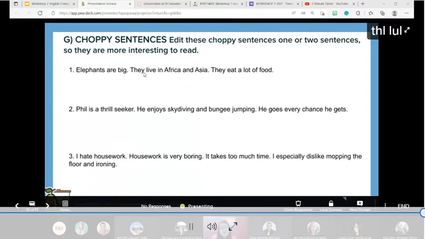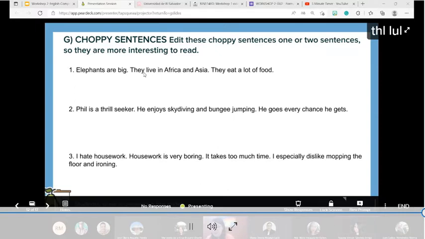What about elephants? Elephants are big, comma. They live in Africa and Asia.